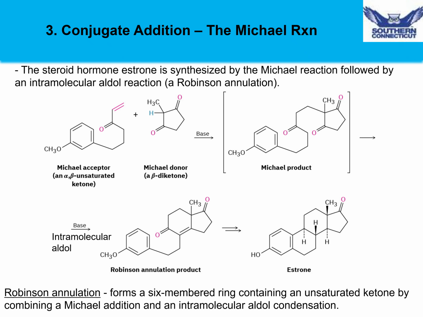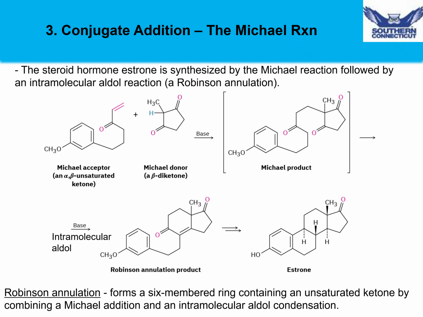The Robinson annulation reaction is a reaction that combines both a Michael reaction followed by an intramolecular aldol reaction, and it often is used to form rings, and usually or traditionally it has been used to make several steroids in the lab.